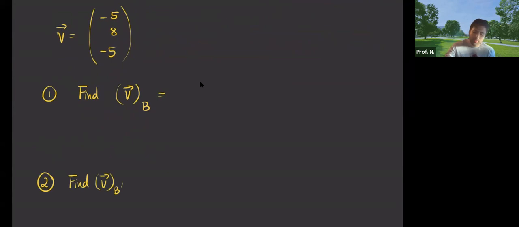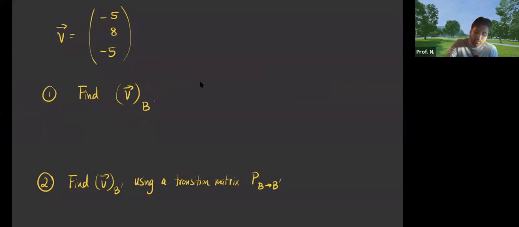I want to find v in terms of the new basis using a transition matrix, which takes things from the old and transitions them to the new. For this starting position, there's no way to get around what I have to do.